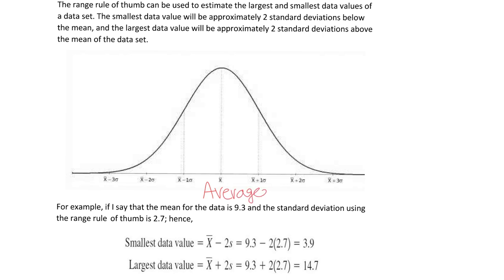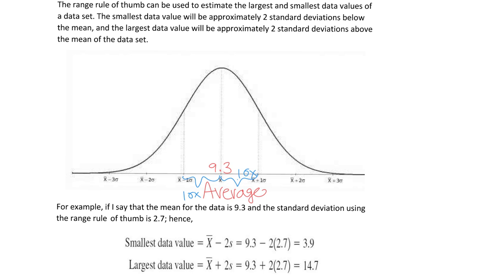And so in this case, the average would be in the middle, and we're saying 9.3. And then one standard deviation would be represented from here to here. That would be one standard deviation. Actually, let me use the symbol. That would be one standard deviation. And this would also represent one standard deviation. And so there would be a range of values that lie in that one standard deviation to the left and one standard deviation to the right.